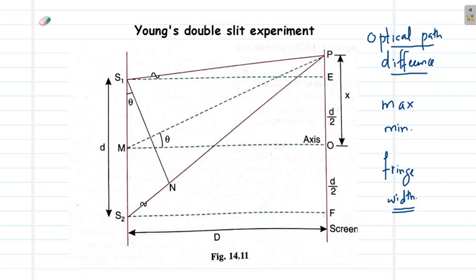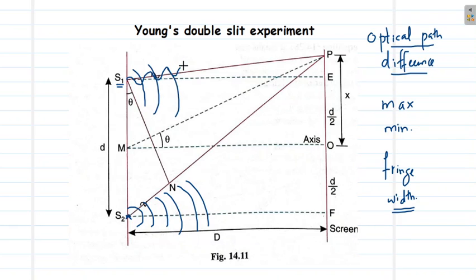The first source is S1, that is slit number 1, from where electromagnetic radiation, the light waves, come out. Similarly, we have slit number 2. From there too we have the rays coming out, spreading out into space like this. These waves come and interfere with each other, resulting in constructive and destructive interference at different points.